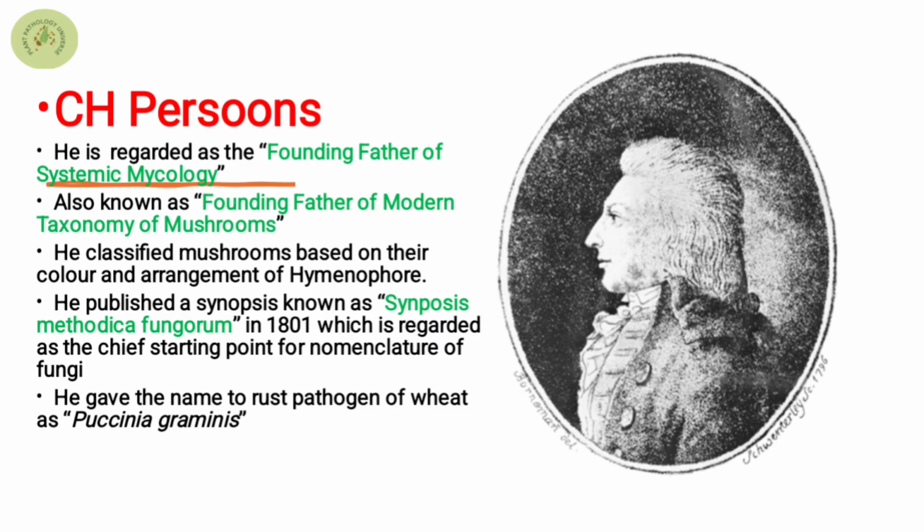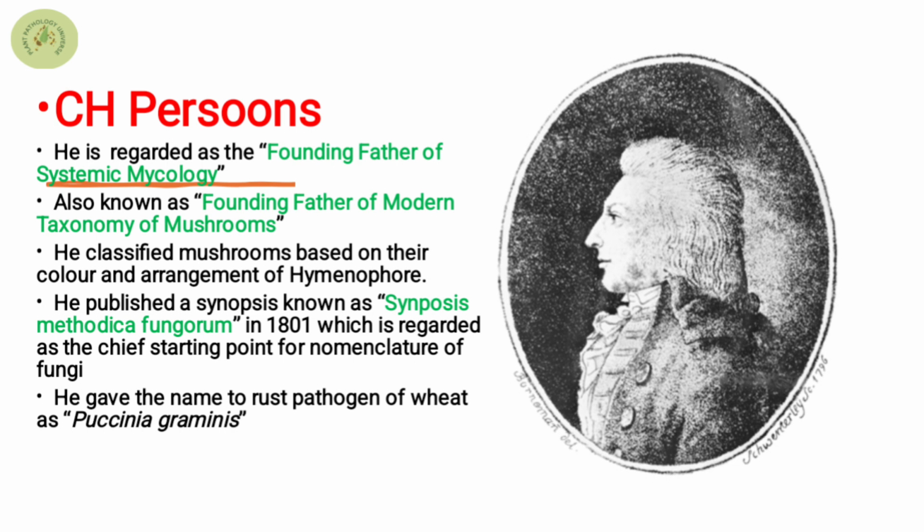So basically he is regarded as the founding father of systematic mycology. Systematic mycology means naming of the fungi systematically, right? He is also known as the founding father of modern taxonomy of mushrooms. As already discussed, initially he taxonomically named the mushrooms, then it moved towards the fungi, right?